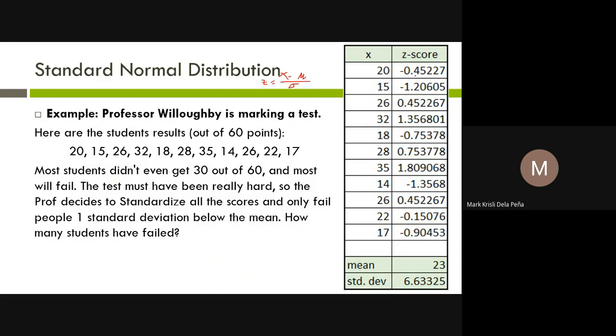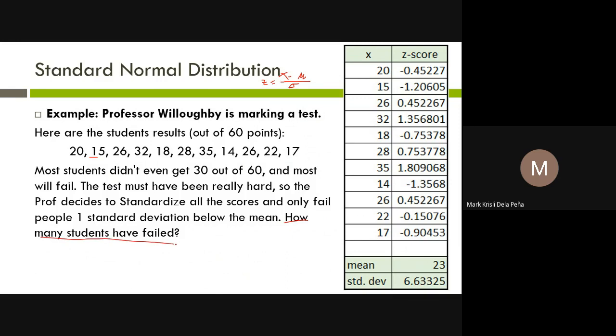So for 20, that is negative 0.45227 approximately. For 15, when x is equal to 15, that's negative 1.20605, and so on.